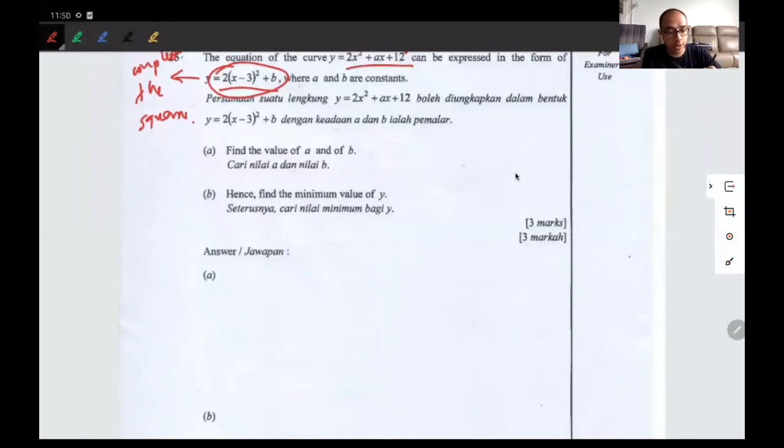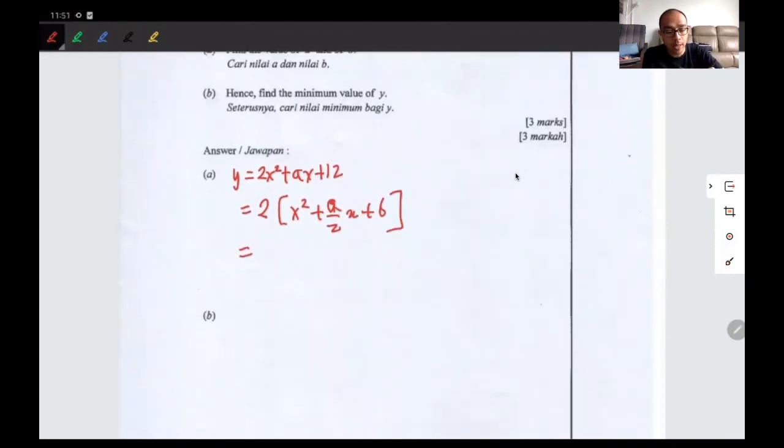So y equals 2x squared plus ax plus 12. In order for you to complete the square, you have to take out the 2 first. So you get x squared plus a over 2 x plus 6. Baru kamu boleh complete the square inside. So completing the square, this one mesti kasih setengah.